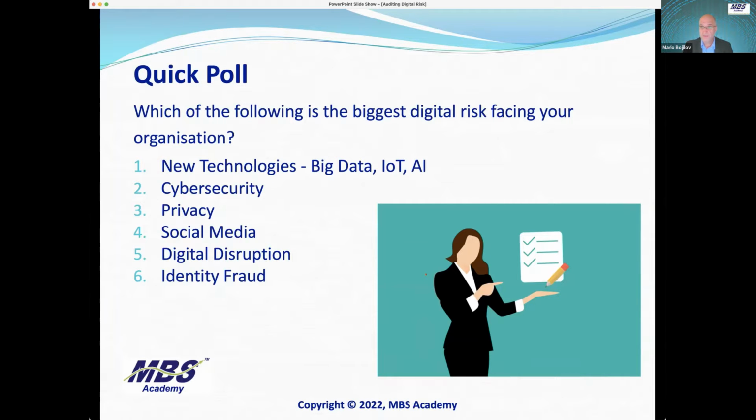And yes, looking at these 6 risks here, just enter a number between 1 and 6 so that we can get an idea what the main challenges are in your organizations.